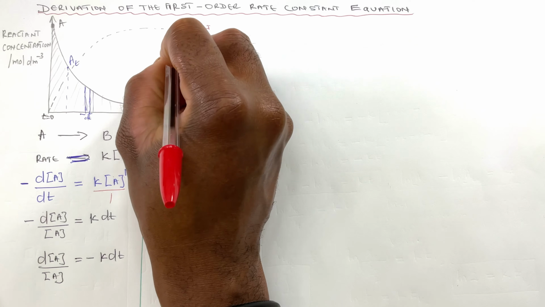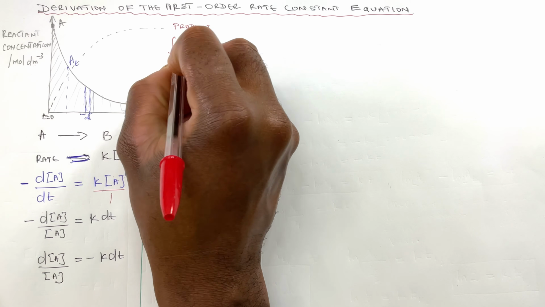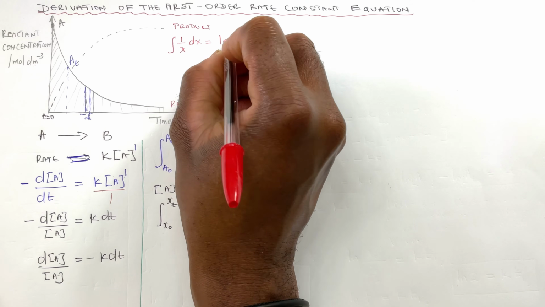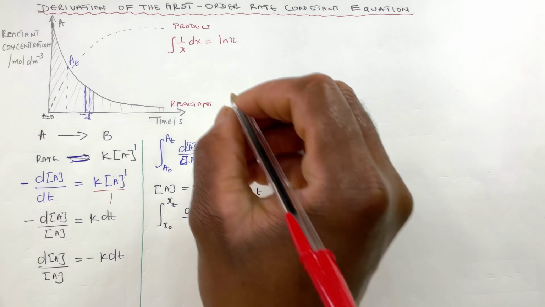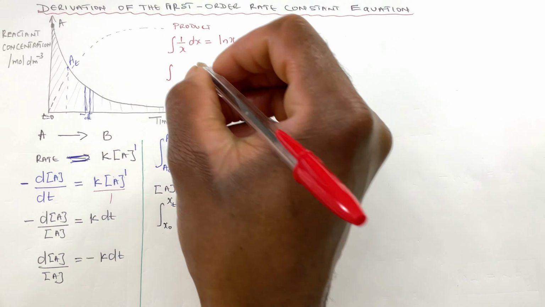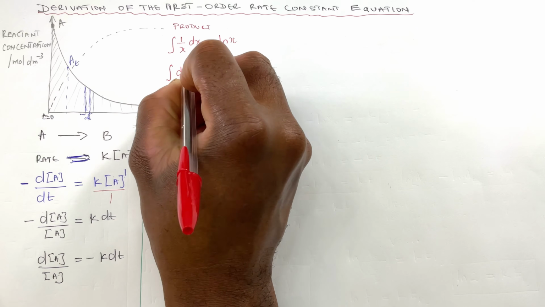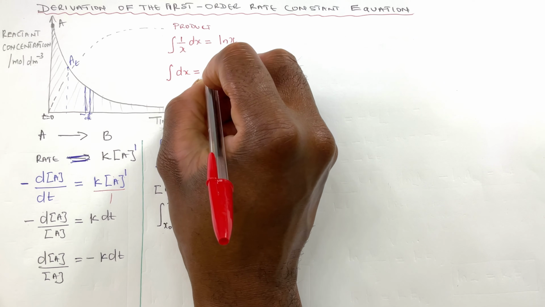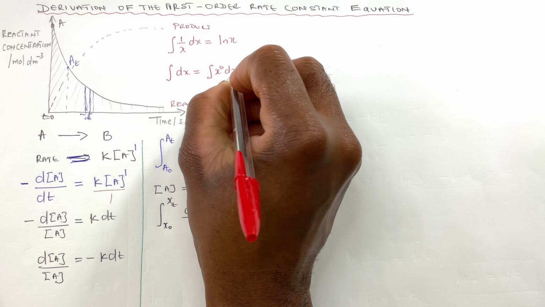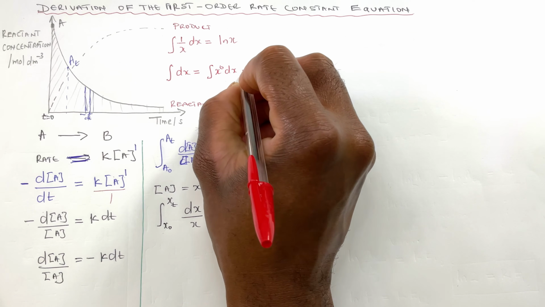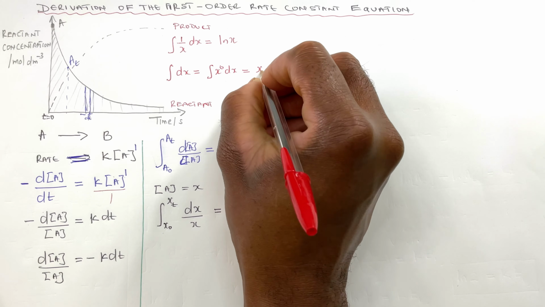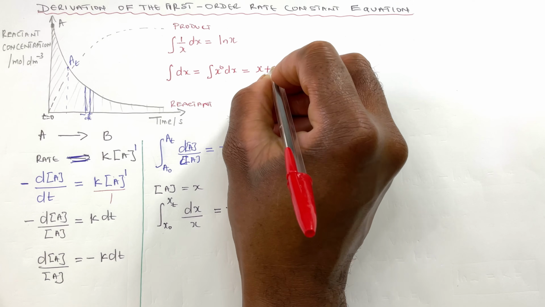If I have the integral of 1 over x dx, that actually equals ln x. Also, if I have the integral of, say, dx, that can be written as the integral of x to the power of naught dx, which is x plus c.